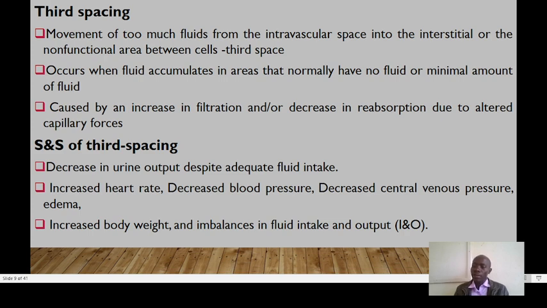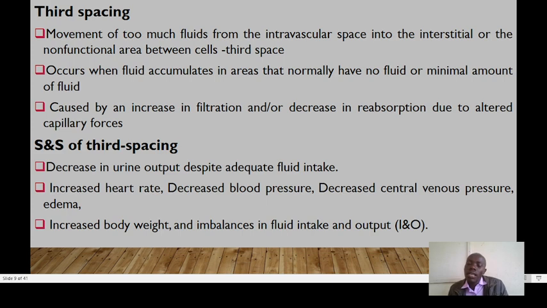Signs and symptoms could include a decrease in urinary output despite adequate fluid intake. It means the fluid is not coming out, it's going into another compartment, which needs to be investigated. Patients could also present with increased heart rate, decreased blood pressure, decreased central venous pressure, and edema.